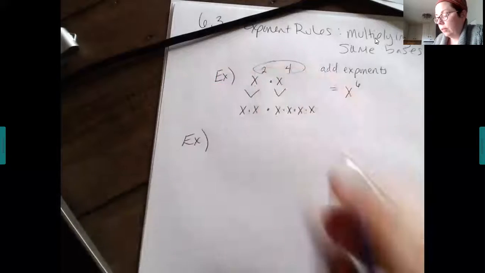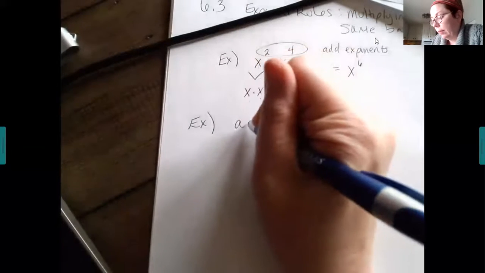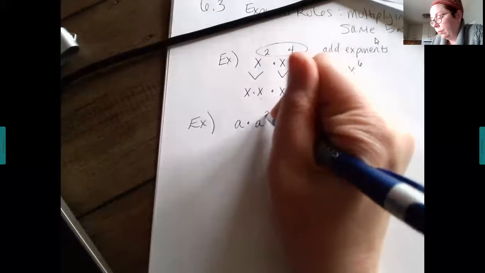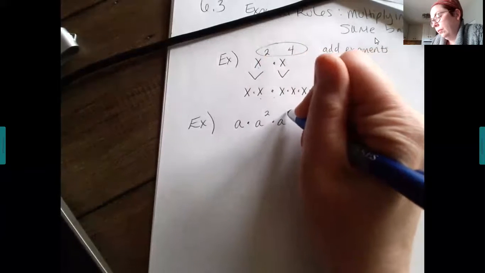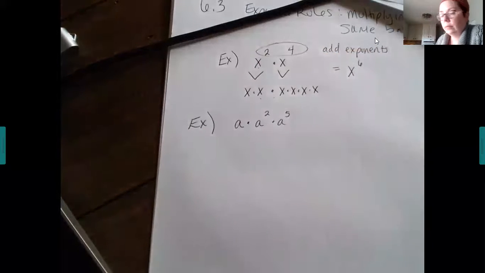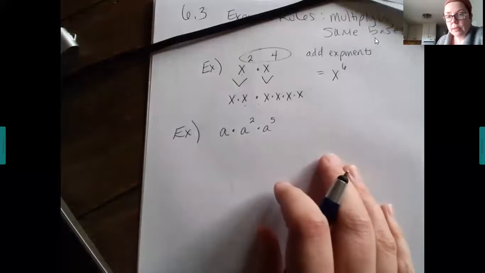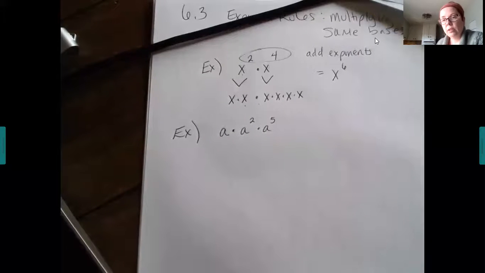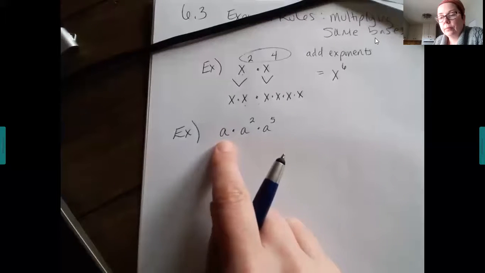If we have something like this, A times A squared times A to the fifth. Sometimes if we don't see something, our brains don't put it down all the time. But how many A's do we have here?